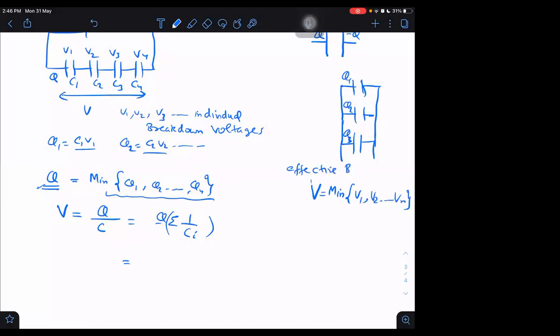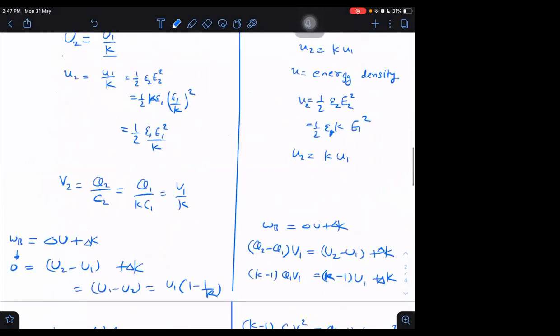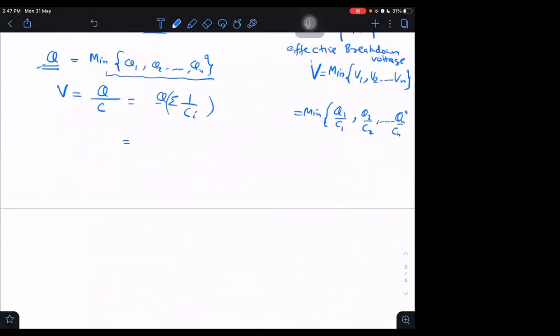That is the effective breakdown voltage. But if they are not giving us individual breakdown voltages, then we will determine those by Q1 by C1, Q2 by C2, and Qn by Cn. What are these values referring to? Breakdown voltages.